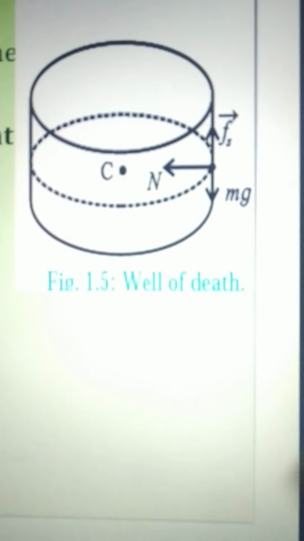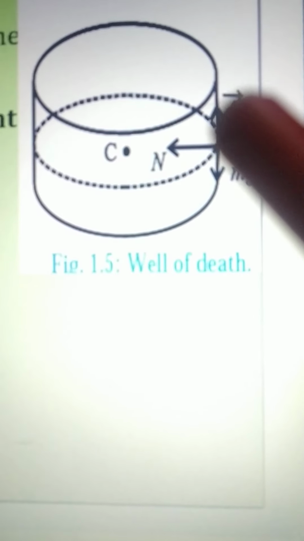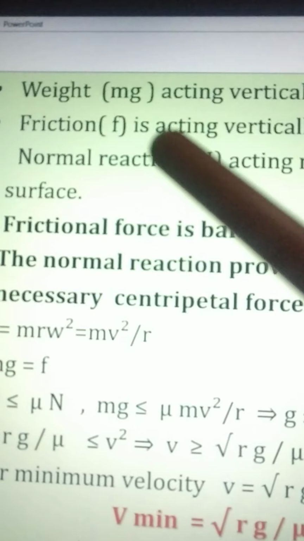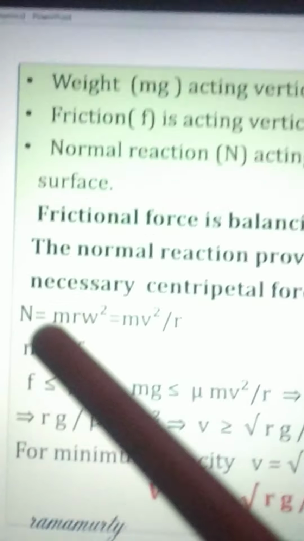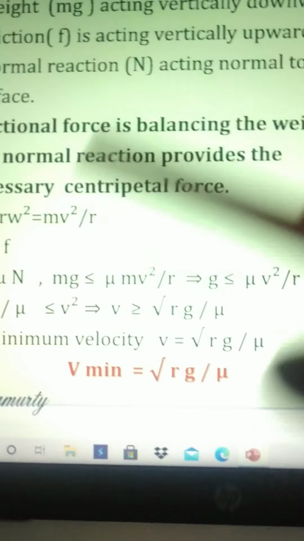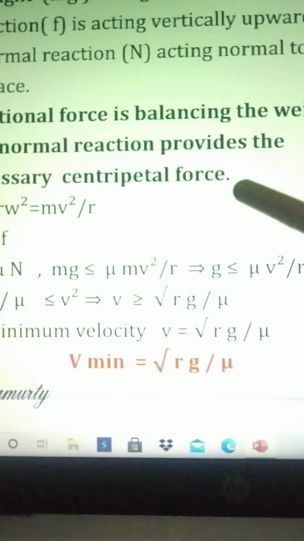Again, see this diagram showing the free body diagram. N is the normal reaction, mg acts vertically downward, and Fs, the friction, acts vertically upward. So the frictional force balances the weight, and the normal reaction provides the necessary centripetal force.